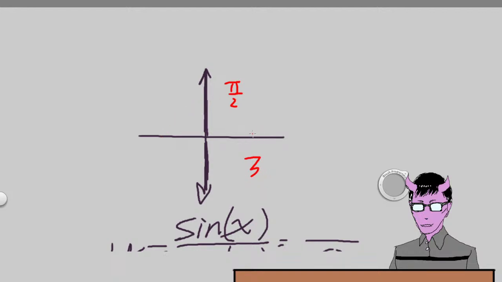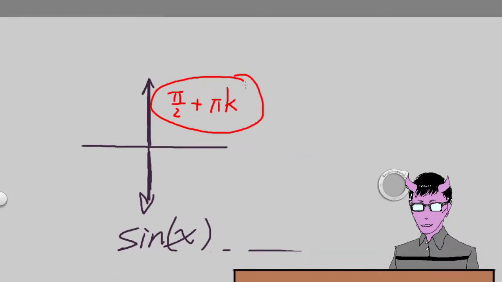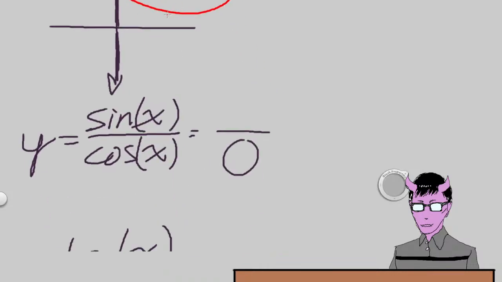So what does that mean? It means that when we first hit this one, if we consider coterminal angles, to get to the next one it's just going to be plus pi. To get to the next one, it's pi again. So plus pi k. These situations where k is an integer will lead to the bottom becoming 0, and we can't divide by 0, because that creates domain issues.